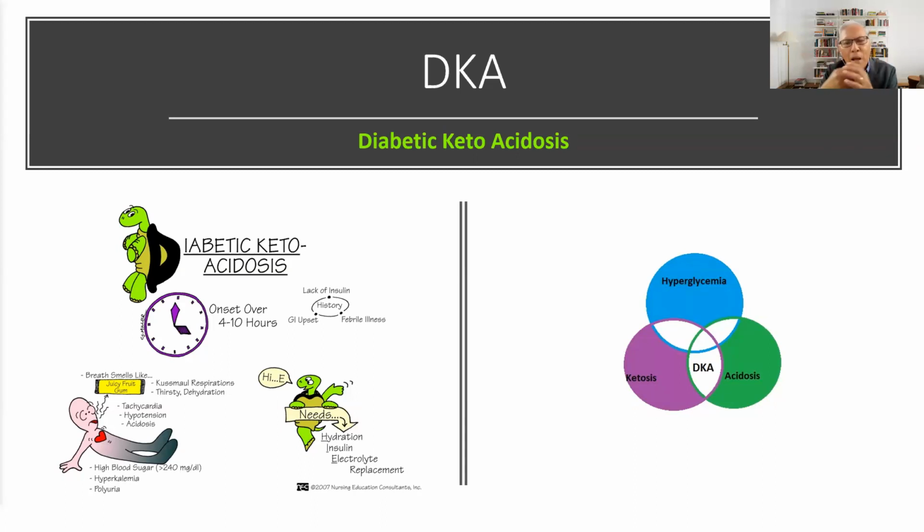Now, there's one problem with utilizing fat as a fuel source, and that is the offshoot of that particular fuel, and that would be ketones. These ketones accumulate in the blood and urine and turn the blood acidic.